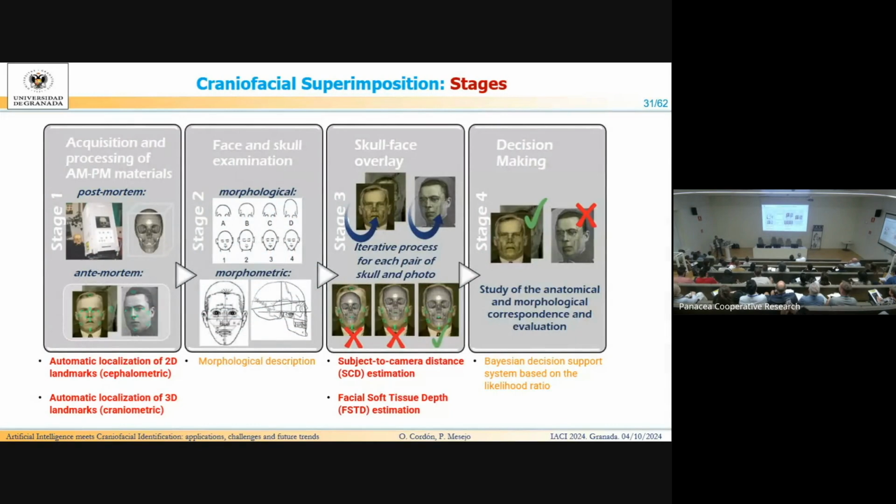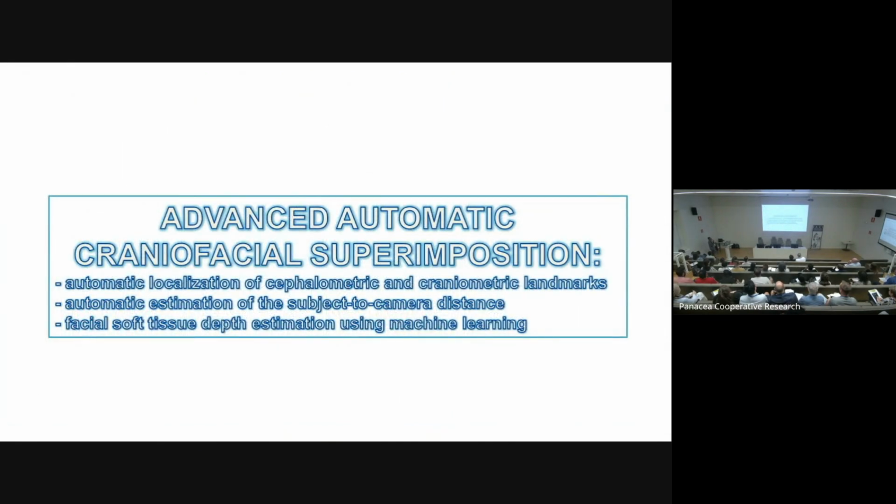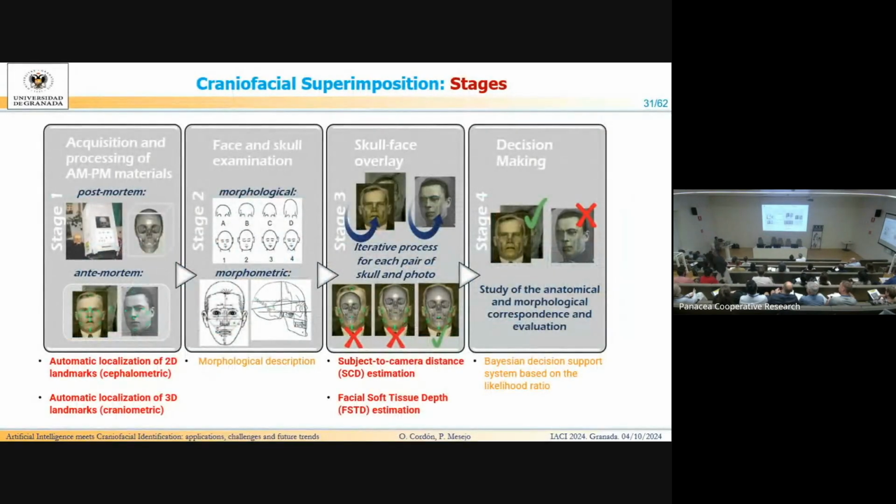So, I'm going to talk a bit about some, I don't know if I'd call them advanced methods, but in any case, these are some contributions that we have been making over the last years on automatic craniofacial superimposition. As you know, as Oscar said, there are 4 main stages in craniofacial superimposition.